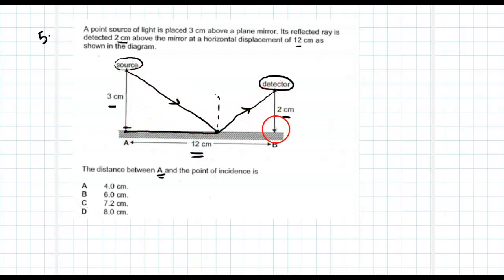If you know the concept of similar triangles, we can easily solve this problem. This 3 centimeter length is proportional to the small triangle's 2 centimeter. These proportionally increase and decrease.